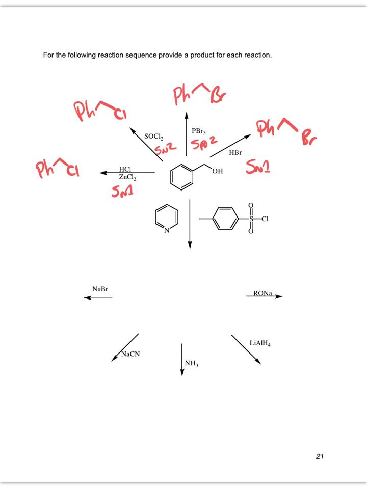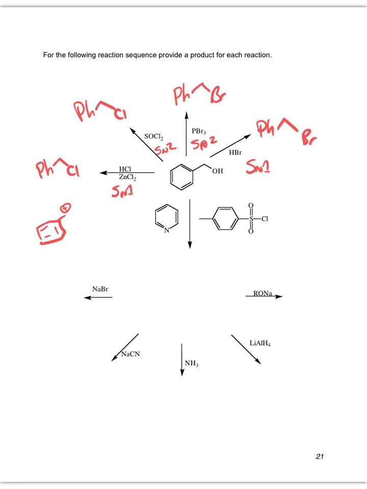It can undergo an SN2 because the alcohol is on a primary carbon, so we can easily make it a good leaving group and do a displacement on it in SN2 fashion. It is on that benzylic carbon, so we can go through the benzylic cation, and we know that's stable because we can draw lots of resonance structures for that. So we can go through either the SN1 or the SN2 reaction.